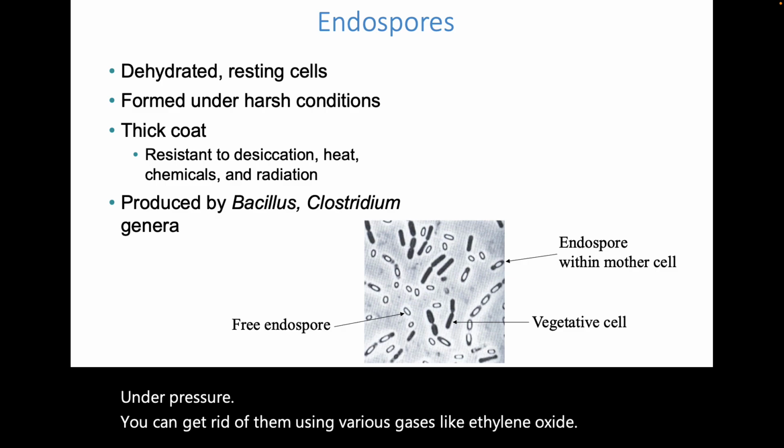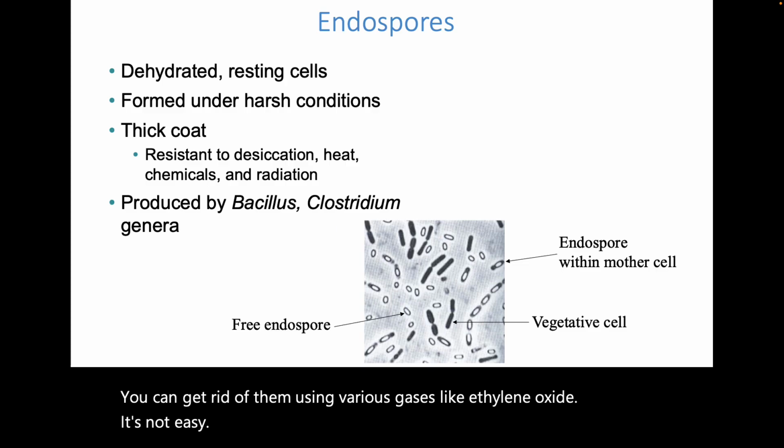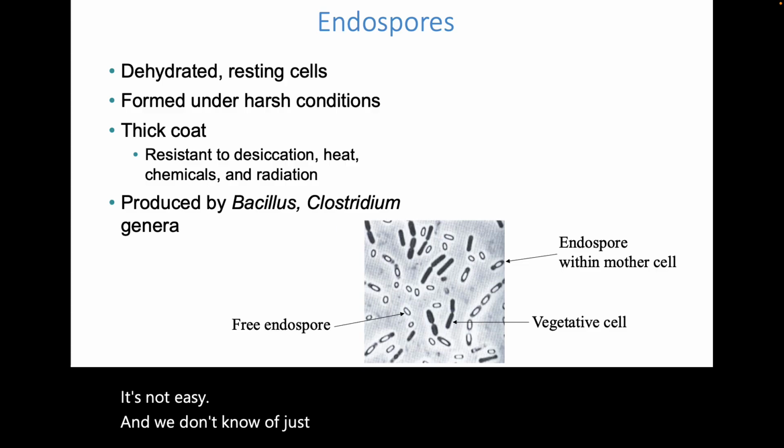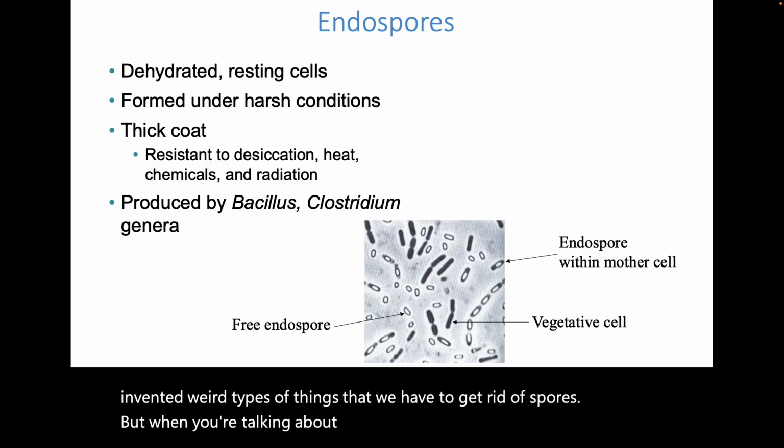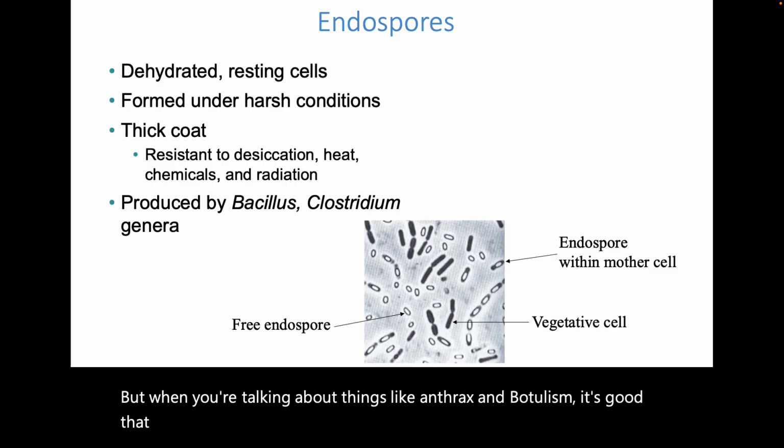It's not easy, and we don't know of any natural ways to do it. They're all human-invented, weird types of things that we have to do to get rid of spores. But when you're talking about things like anthrax and botulism, it's good that we can get rid of spores because those are not diseases that any of us ever want to experience.